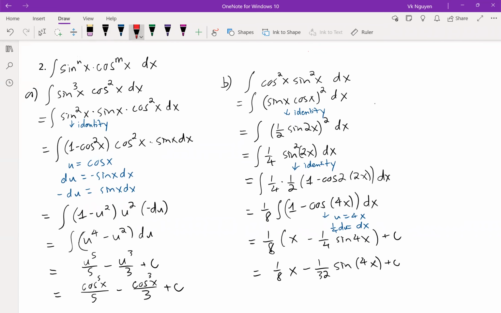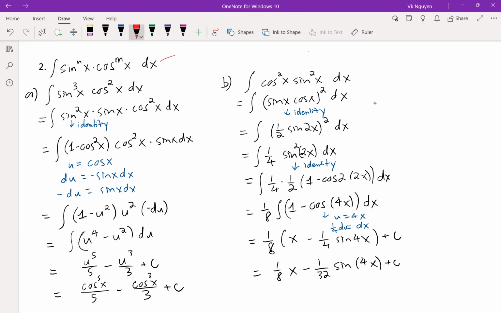Now, what are we going to do with the general case of the integral of sine x to the n multiplied by cosine x to the m? There are two cases that are very general.